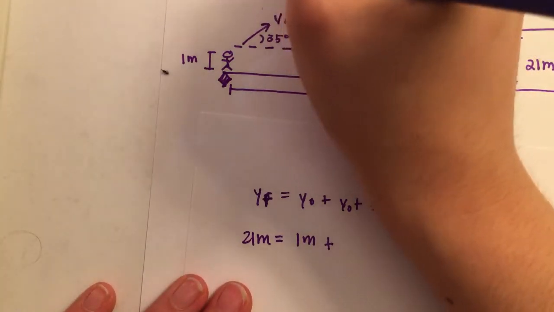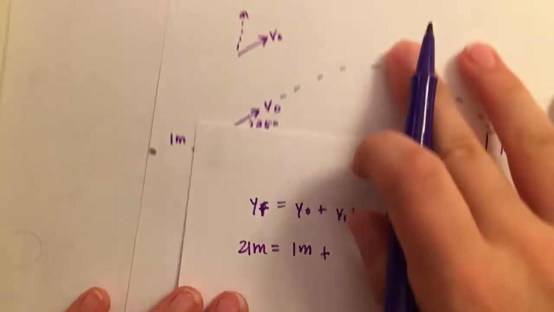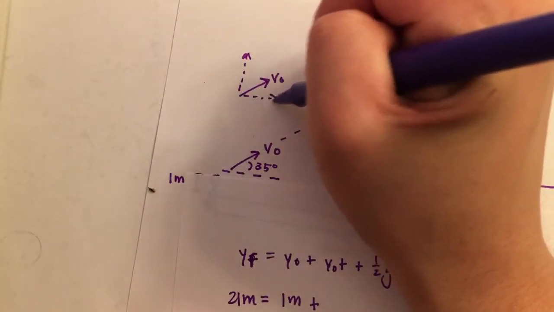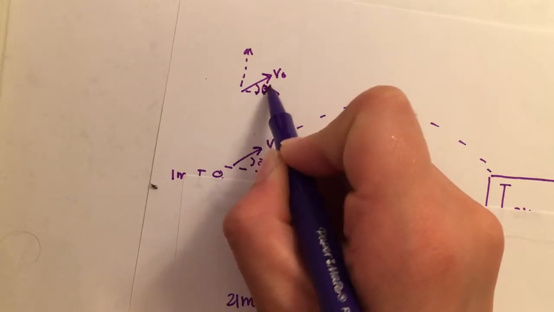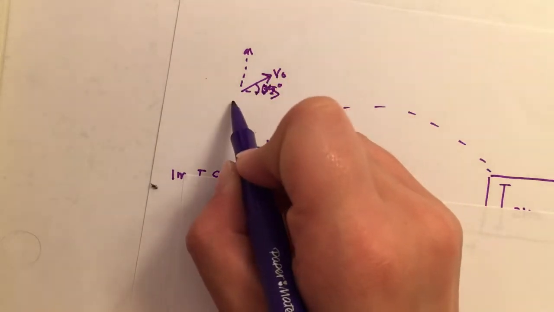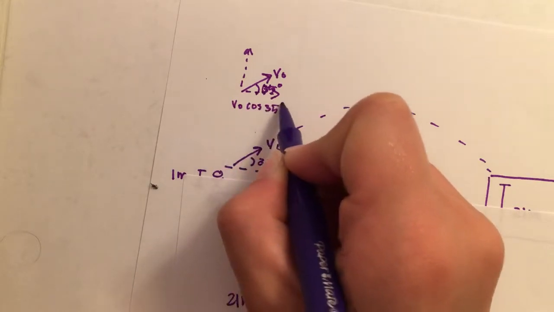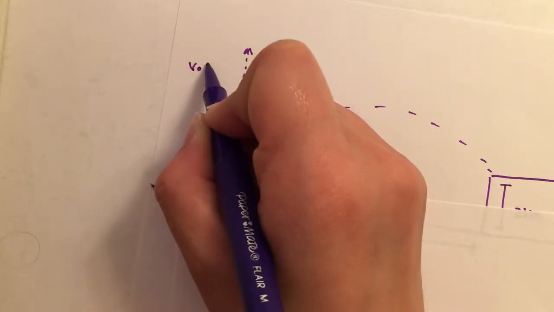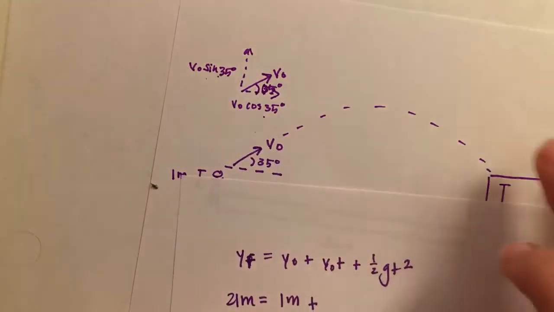So do that up here. This is velocity initial, and to split it up into components, this is 35 degrees. We will do velocity initial cosine 35 degrees and velocity initial sine 35 degrees for its x and y components.